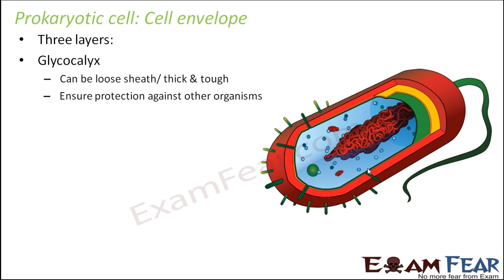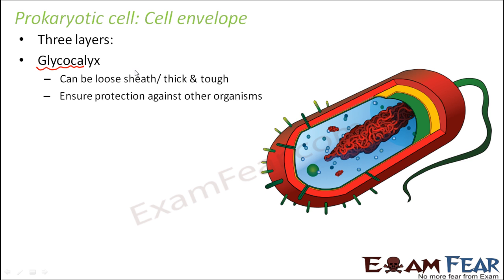The first layer is the glycocalyx, that is the outermost layer. This again varies. It is generally composed of carbohydrates. That is why the name is glycocalyx. So glyco is always related to glucose, carbohydrates. It is composed of carbohydrates. They can be a loose outer layer, or they can be a thick, tough and rigid layer as well.